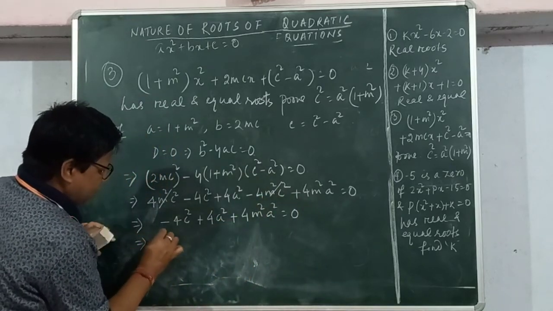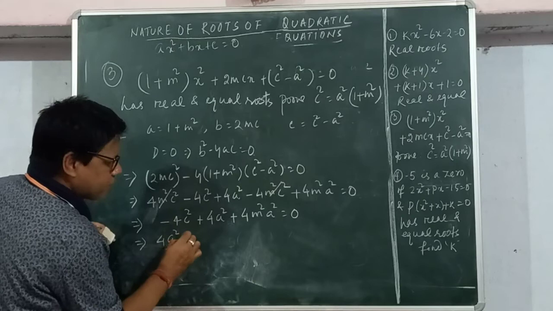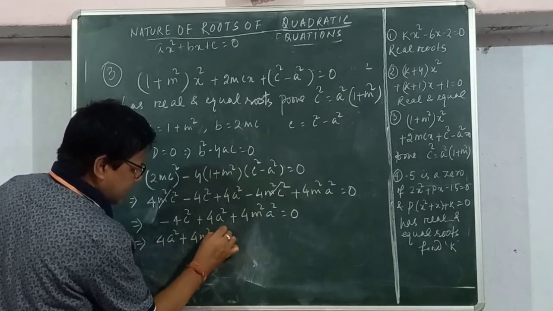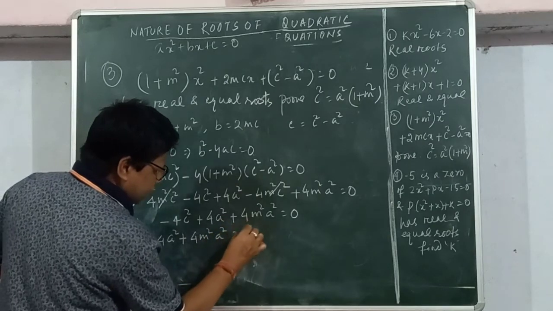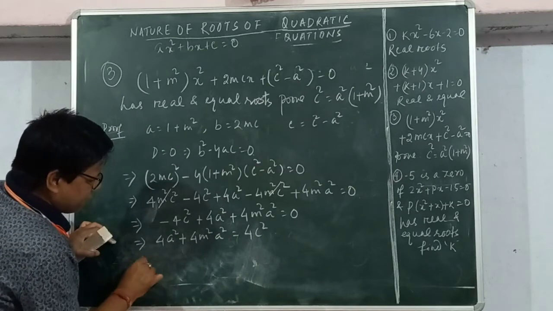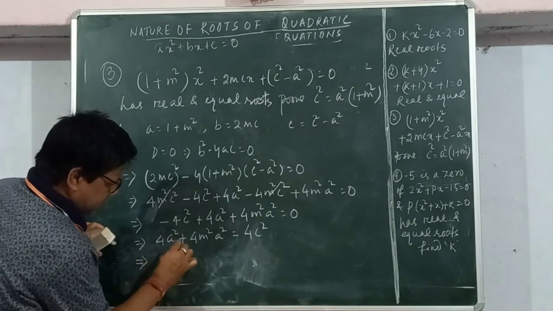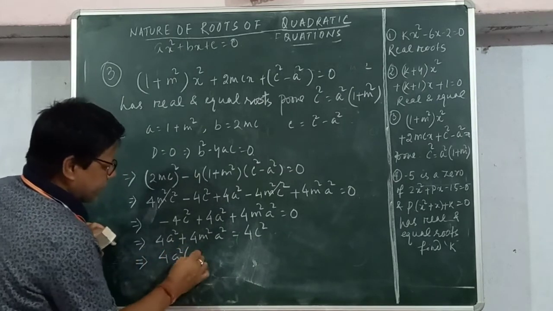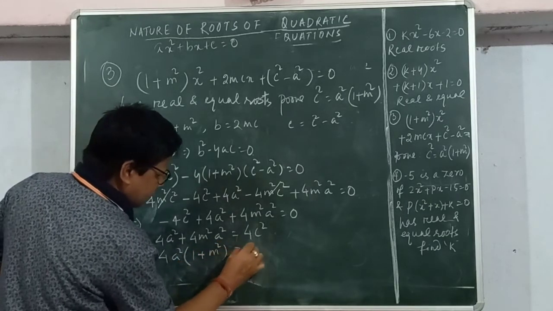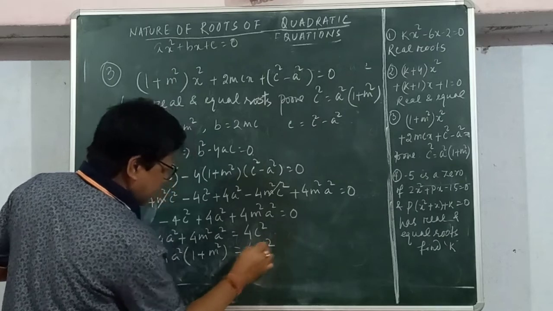Implies that 4a square plus 4m square a square is equal to 4c square. By taking 4a square common, we get 4a square into (1 plus m square) is equal to 4c square.